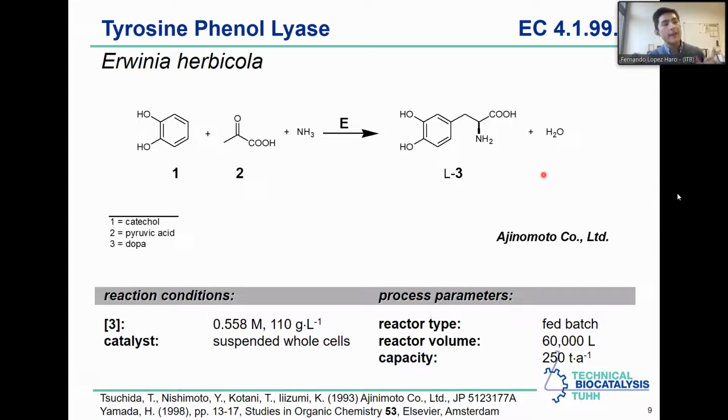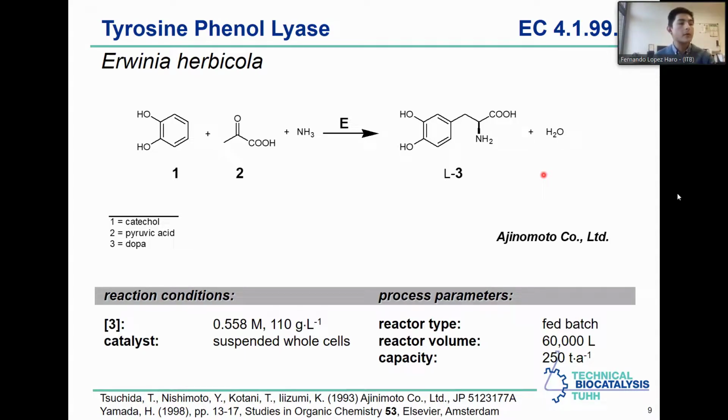Another very critical thing about this enzyme that we have in the presentation right now is that it creates, from three compounds which are not chiral per se, an enantiopure compound.